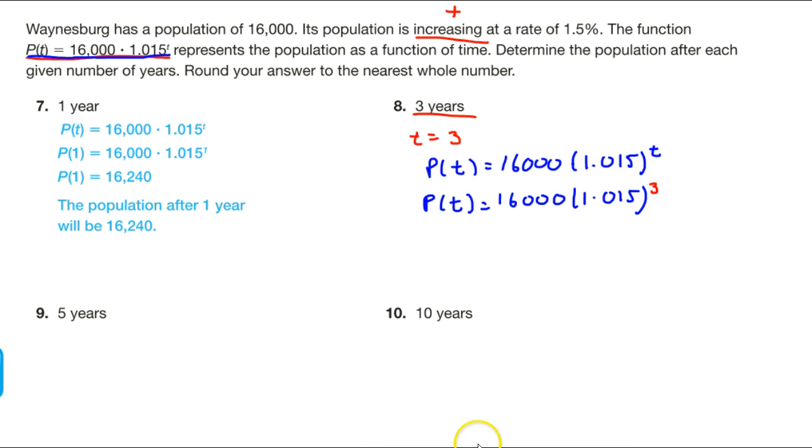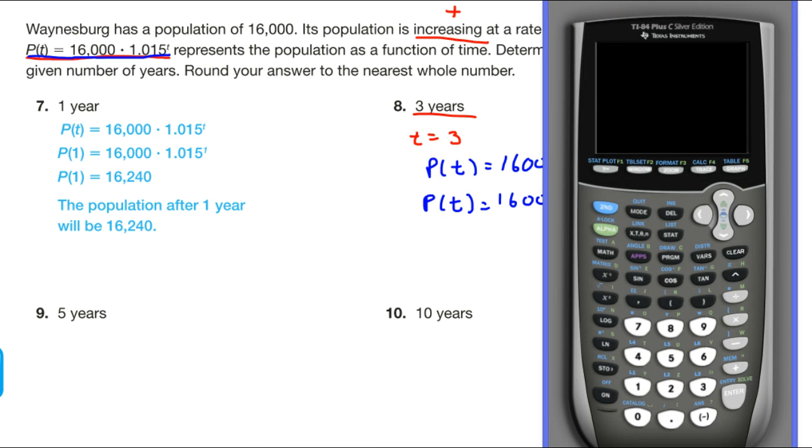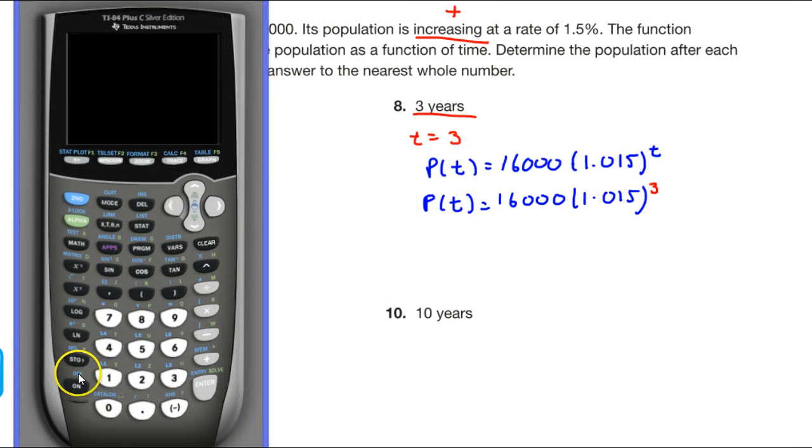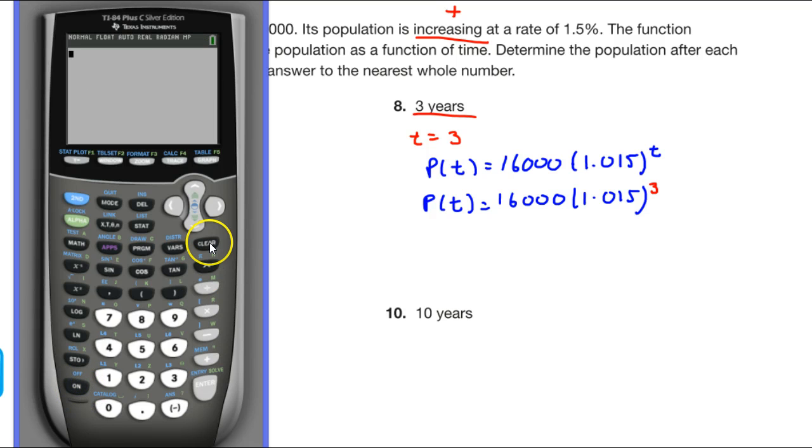So let me just show you what that would look like. Here's my calculator. Turn it on, clear. So we get 16,000 times the quantity, so I open my parentheses, of 1.015, close parentheses, to the power of 3.